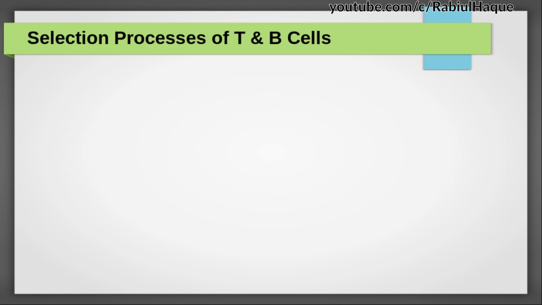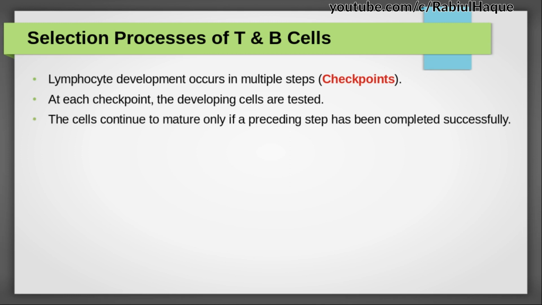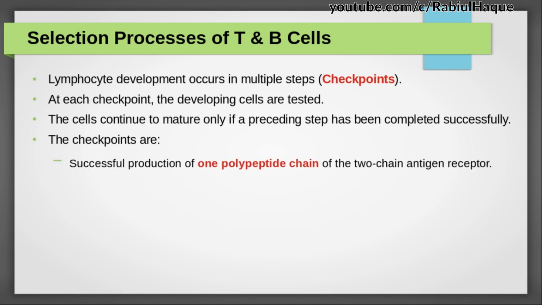Now always remember, lymphocyte development occurs in multiple steps or checkpoints. At each checkpoint, the developing cells are tested and the cells continue to mature only if a preceding step has been completed successfully. So these checkpoints are successful production of one polypeptide chain of the two-chain antigen receptor.